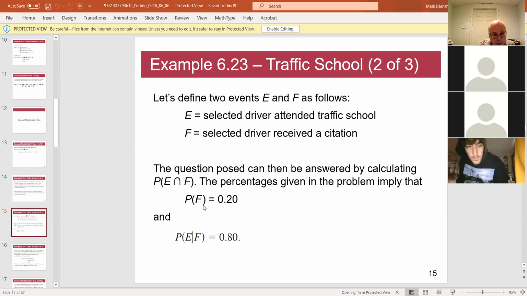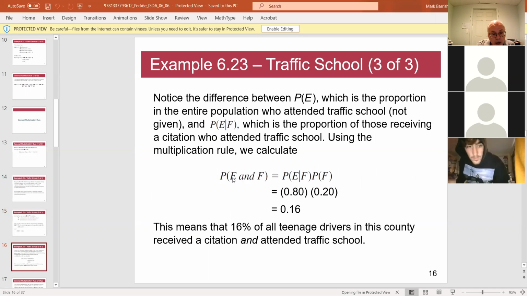That's the probability of anybody receiving a citation in general. So what's the probability of a person receiving a citation and going to traffic school? It's the product of these two probabilities, the conditional probability and the unconditional probability. This is the multiplication rule.